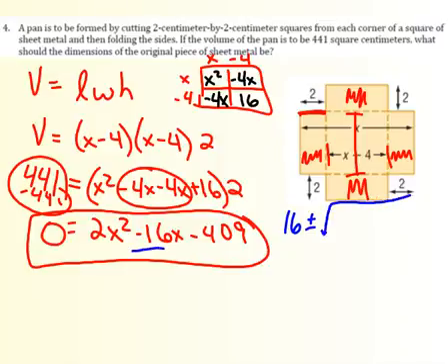Right? Then we look at this. Negative 16 squared minus 4 times 2, which is a minus the 409. Now, if you put negative 16 squared in your calculator, it dishes out negative 256.